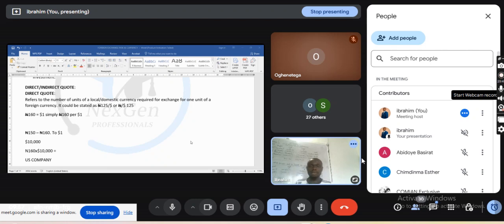Naira comes first, it is a direct quote. If you want to get the value, you say 160 naira per dollar times 10,000, because $1 will be equal to 160. And that is my explanation of direct quote. Class, am I communicating?